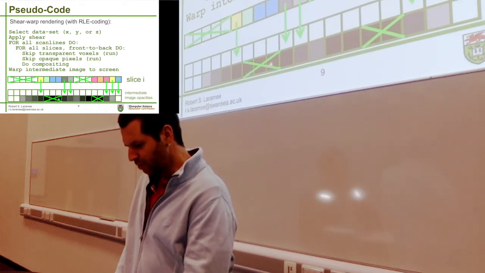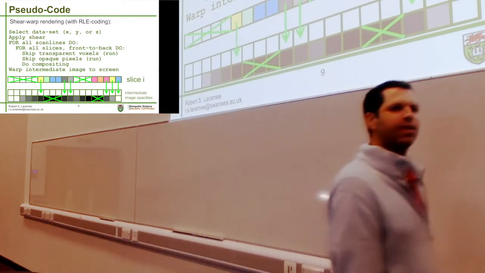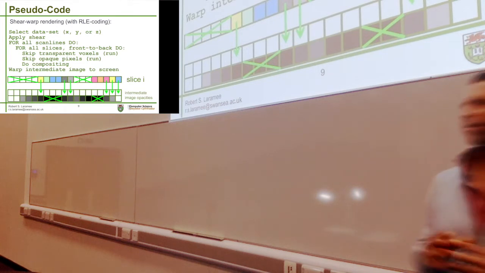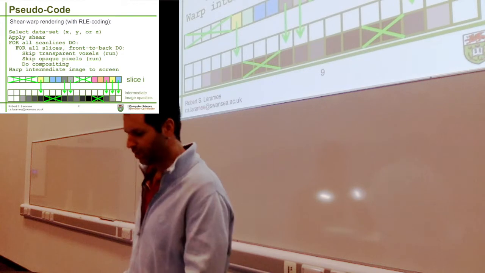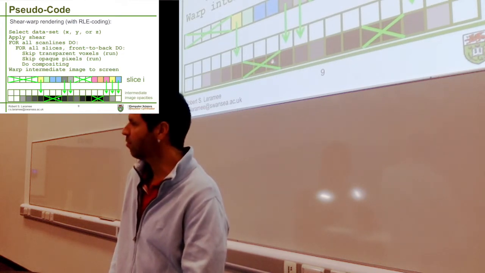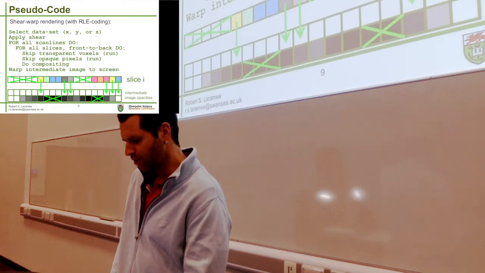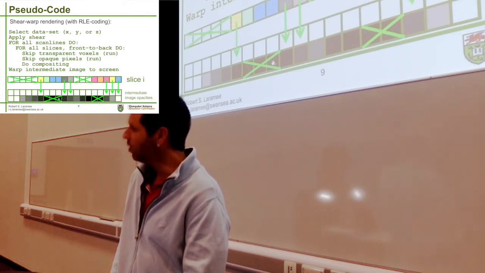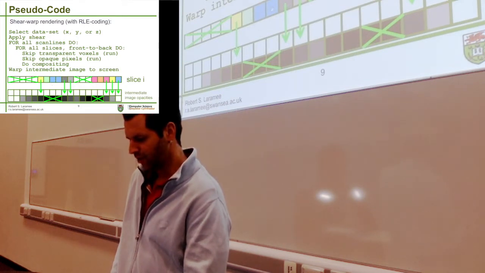We're seeing 3 pixels at maximum opacity, and therefore we can skip the compositing stage because the colors and opacities don't change when we've reached maximum opacity. So we have a run of voxels we skip, we do a composite stage, and we have a run of opaque pixels that we can skip. We don't have to do the compositing for these 3.